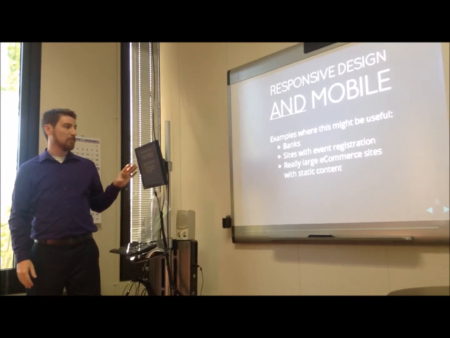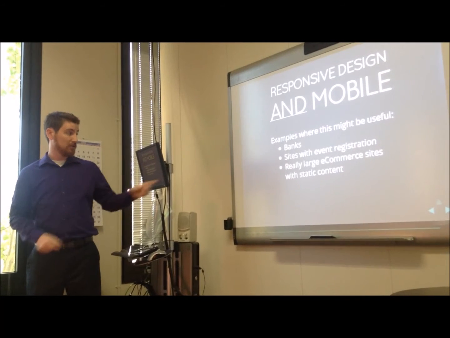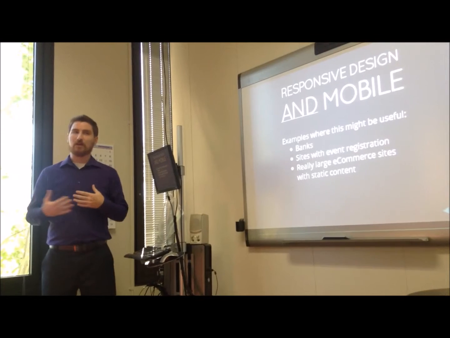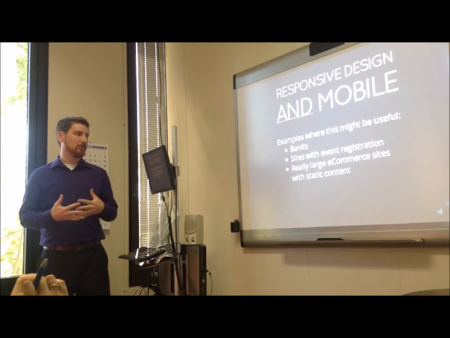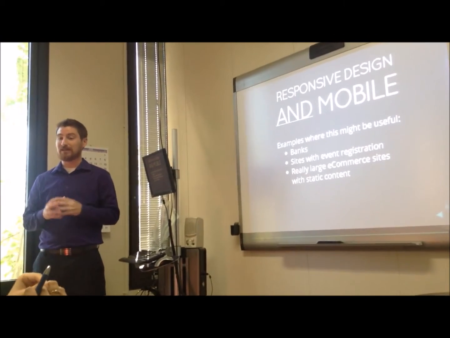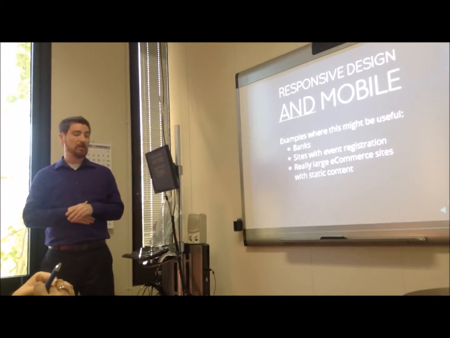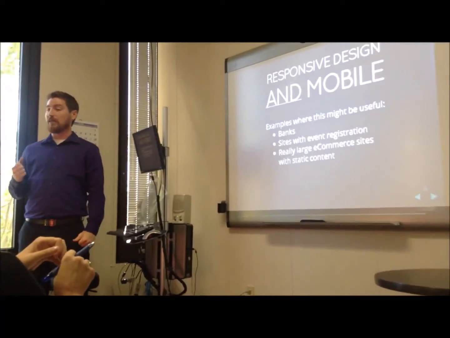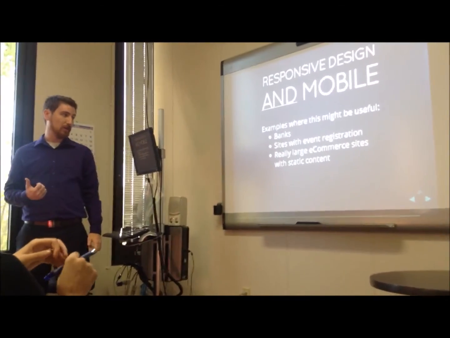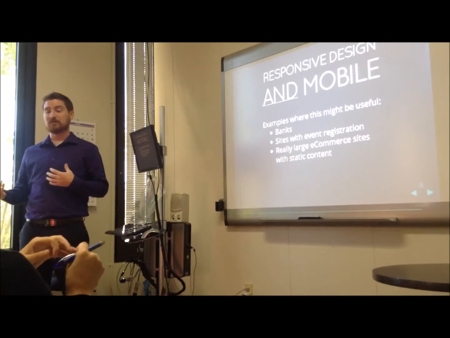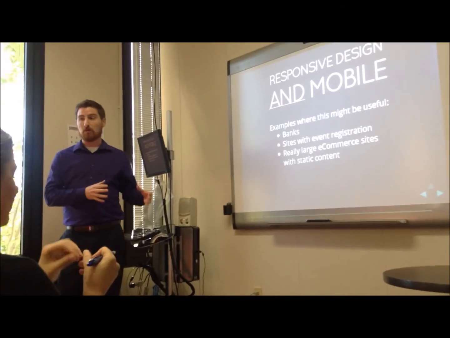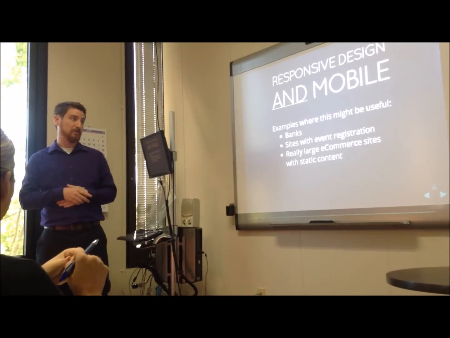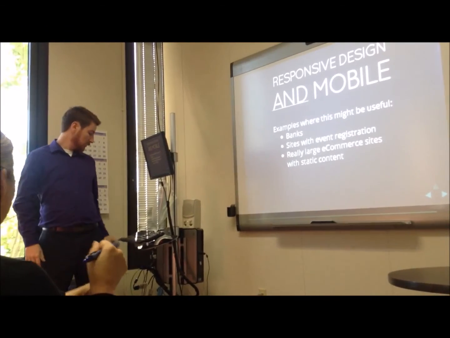Another example would be the Wells Fargo Center, which doesn't really need to provide the same information on its mobile website that it provides on the desktop website, at least not on the homepage. On the homepage, they could just have a scrolling section for events and a way to register. Then we can go into the additional details of what the Wells Fargo Center is on separate pages. So they might need a separate mobile website while still having a responsive website so that no matter what desktop monitor is viewing it, it'll still look good.